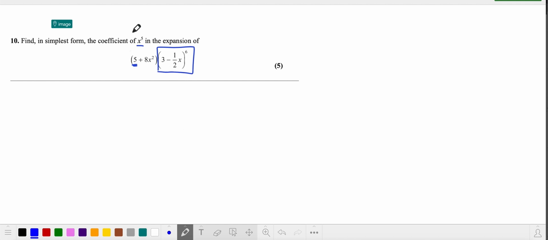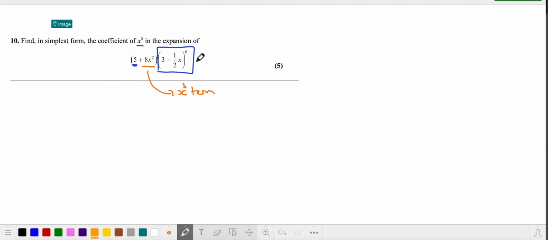There's going to be an x to the power 5 term in there somewhere. It will be the x to the power 5 term from this expansion multiplied by 5. But we're also going to have a second x to the power 5 term which comes from the 8x squared in this bracket multiplied by the x cubed term from this expansion.